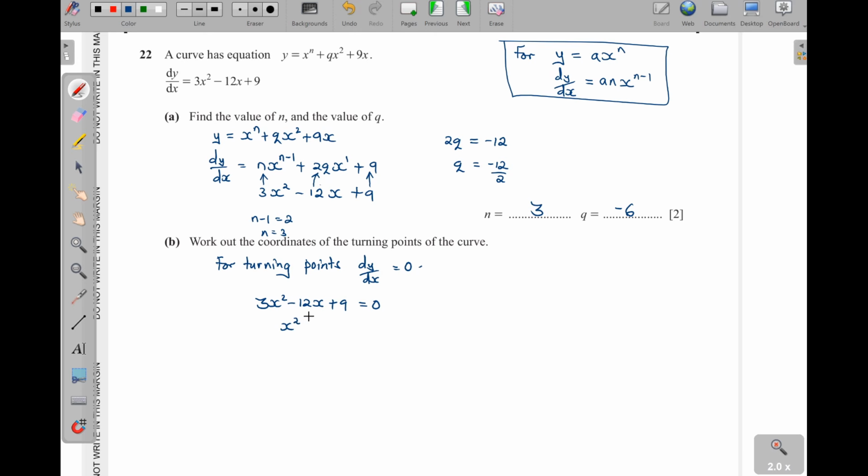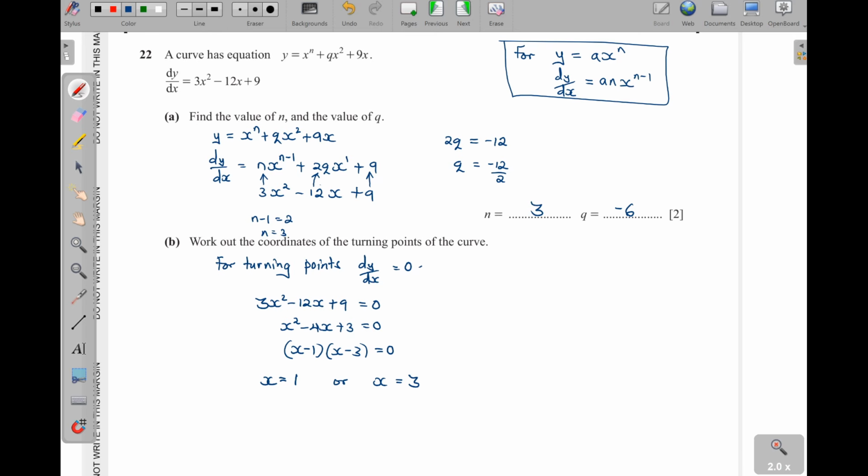That one will give us x squared minus 4x plus 3 is equal to 0. Two numbers, when you multiply them, they give you 3, but when you add them, they give you negative 4. That will be negative 1 and negative 3. So meaning when I equate all of these to 0, x will be equal to 1, or x will be equal to 3.